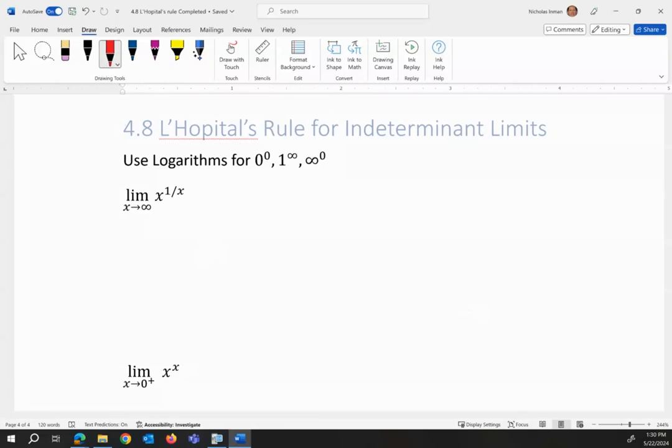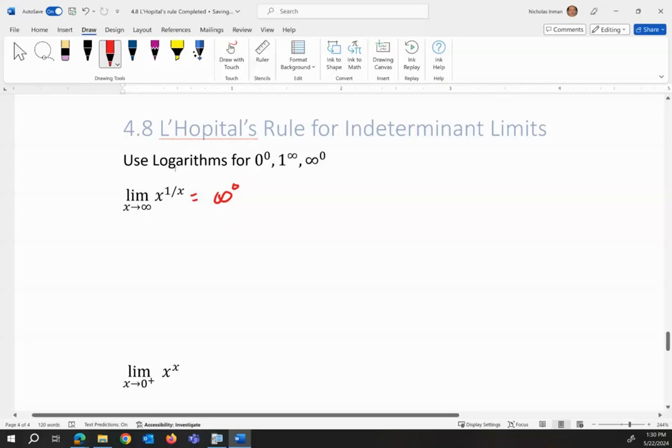So if you plug in infinity here, you'd wind up with infinity to the 0 power. So what is that? A really, really big number, but raised to the power of 0. What we learned was that anything to the power of 0 is 1, right? But infinity to any power should be really big.